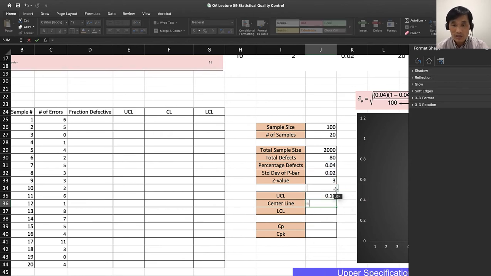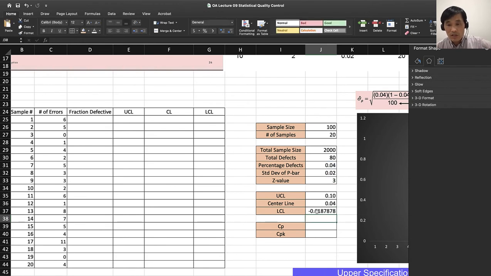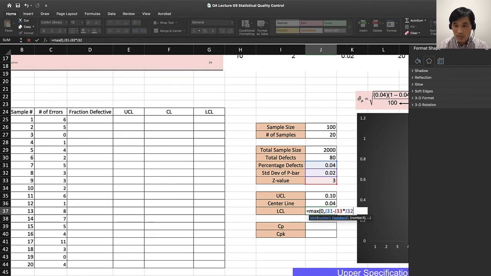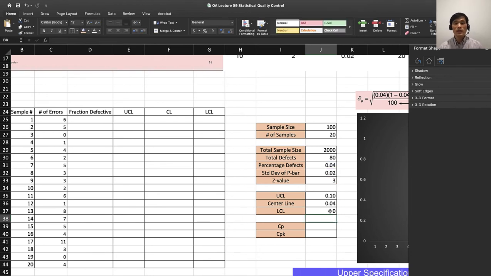And the center line is the p bar, and the lower control limit is p bar minus z times standard deviation. And we have a negative, and we don't want to get a negative. So what we do is use maximum of 0 and that value, compare 0 and this value and pick the value that is greater among them. If 0 is greater than the negative value, it will pick it up. If it's positive, that value will come up. So we have 0 there.